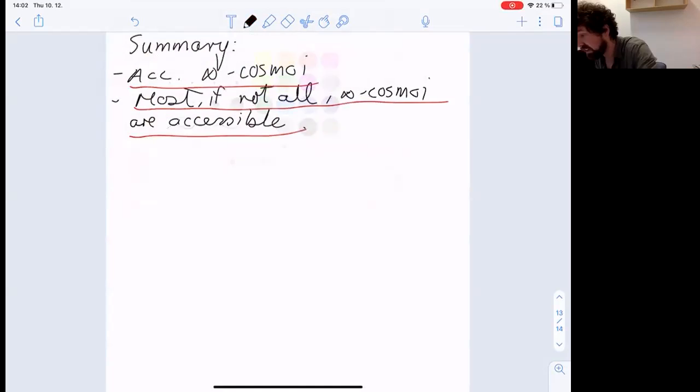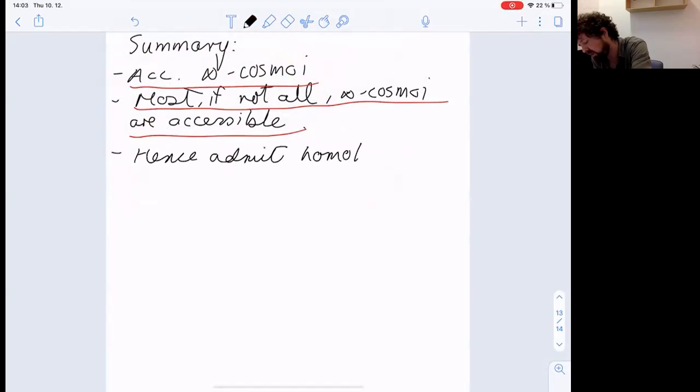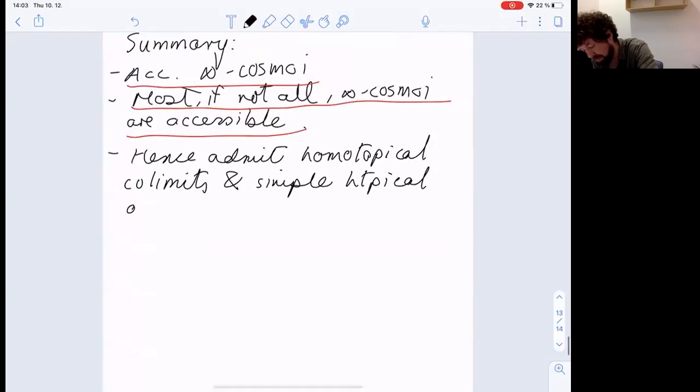And finally, all of these accessible infinity cosmoi admit homotopical colimits, these flexibly weighted homotopy colimits, and an easy homotopical adjoint functor theorem.